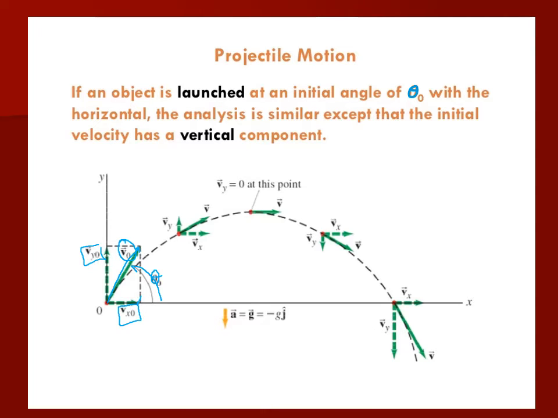Then it just shows you at various stages. Because this object seemingly is landing at the same height that it started at, whatever the initial conditions were, the final conditions are exactly the same before impact, if you will, unless it's allowed to fall further down.